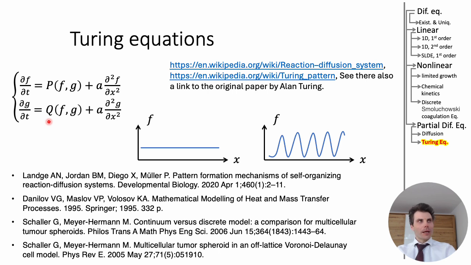So sometimes specifying just these general requirements for f and for P and Q is sufficient to derive some qualitative estimates and qualitative conclusions, and such a theory is quite rigorously described in this book, Danilov, Maslov, and Volosov. I don't think it can be found in a PDF format, but it certainly can be purchased printed.